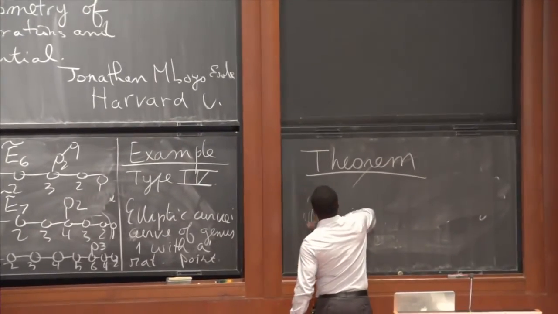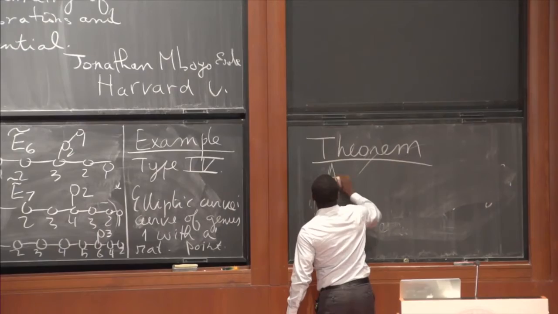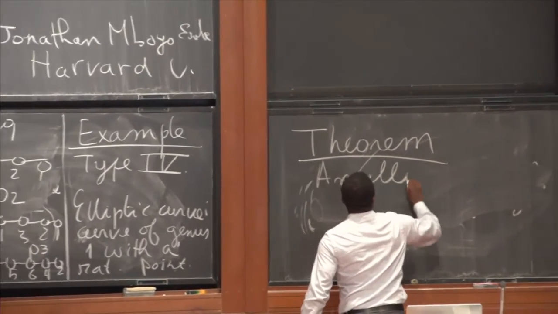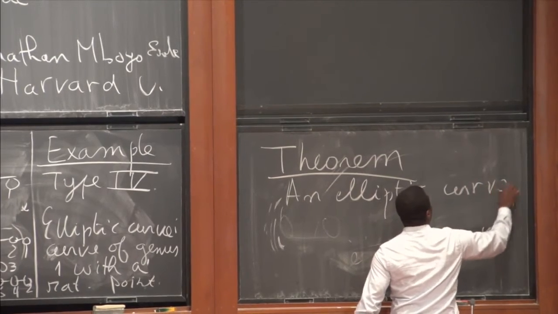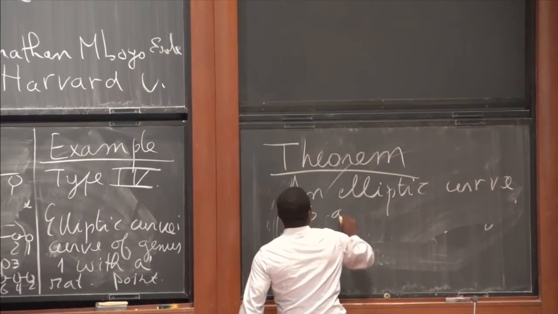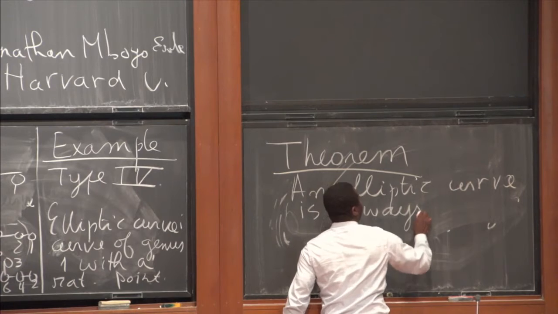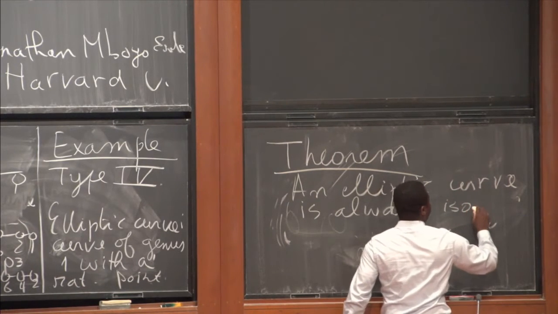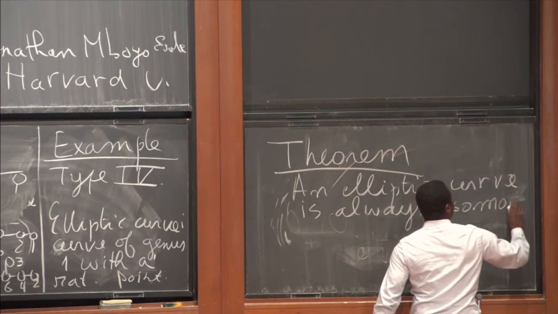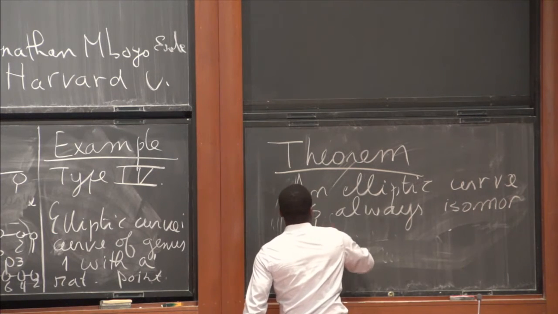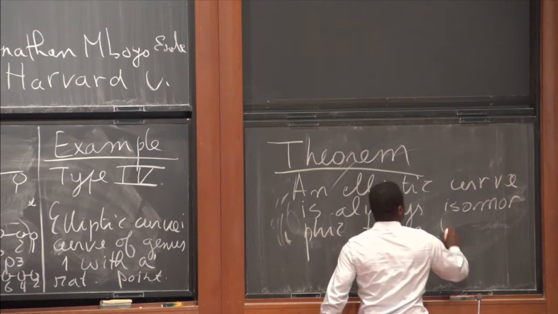So you have the following theorem: an elliptic curve is always isomorphic to a Weierstrass model.